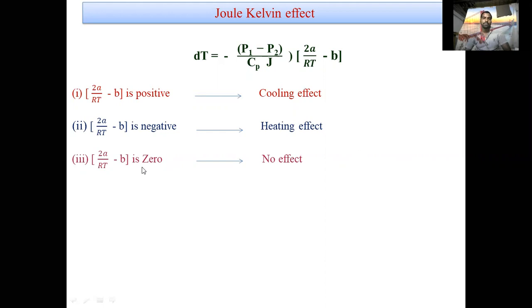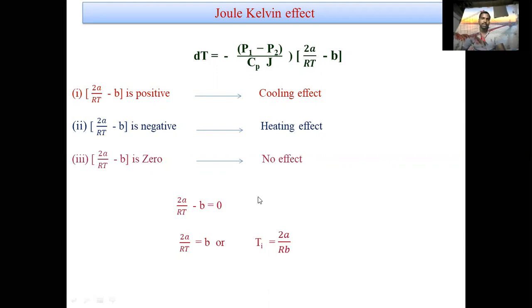At that time 2A by RT is equal to B, so T is the inversion temperature, Ti is equal to 2A by RB. When the gas initial temperature is exactly equal to the inversion temperature, in that situation there is no cooling effect and no heating effect.